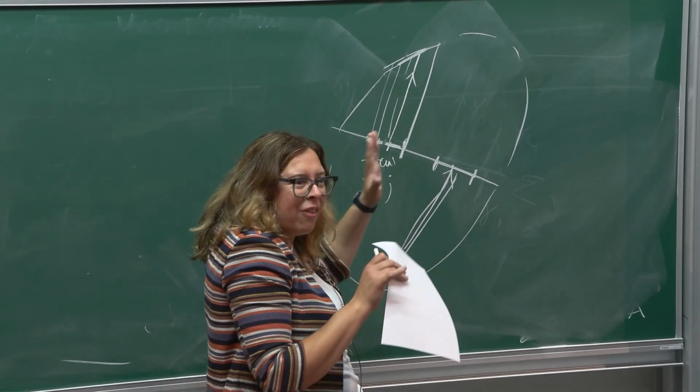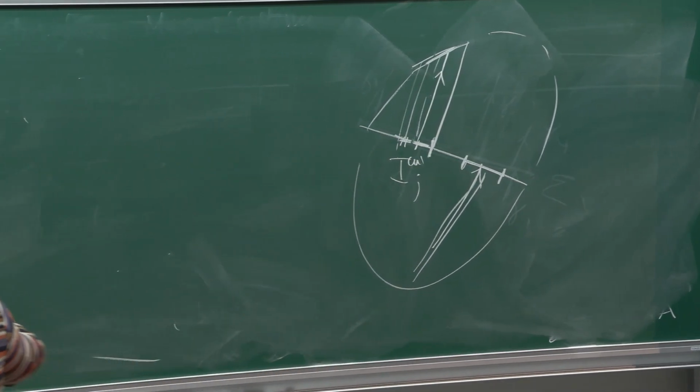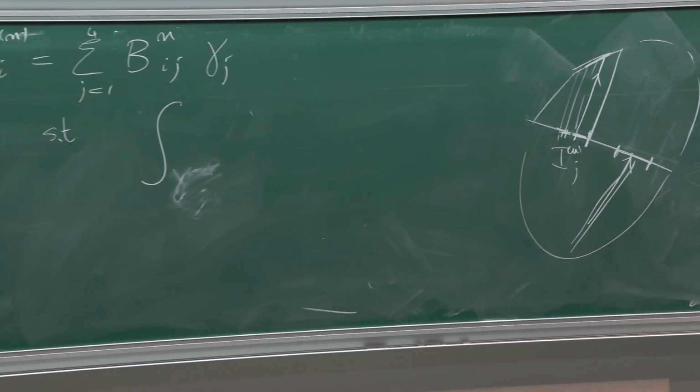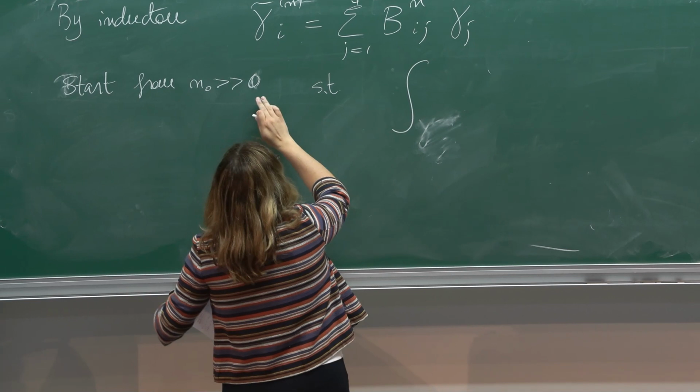I'm assuming that my function is locally constant at some scale. I'm really lying, but it's a baby case which I want to do first.